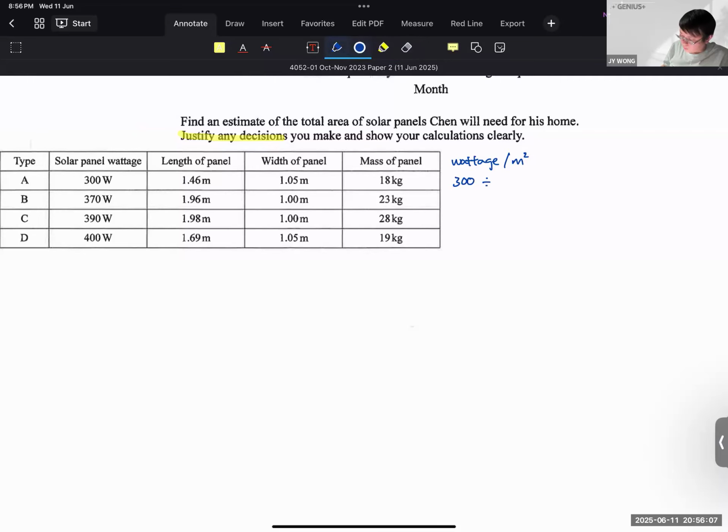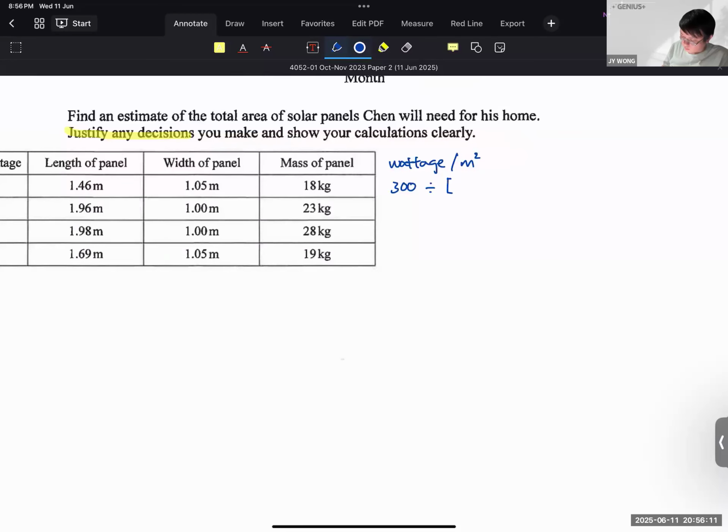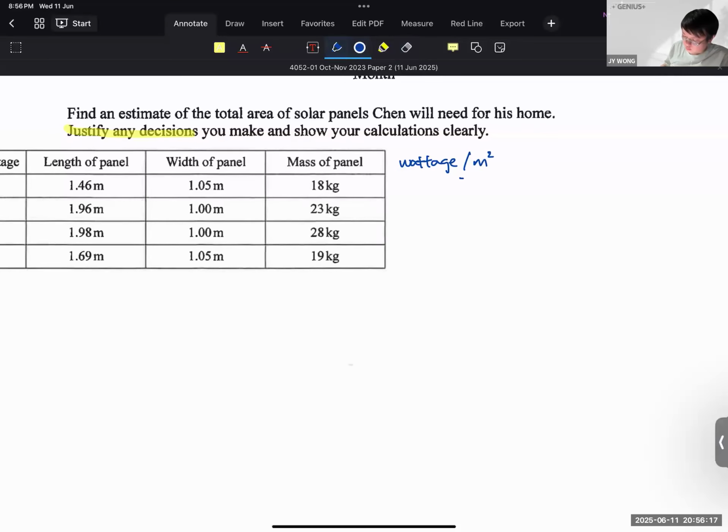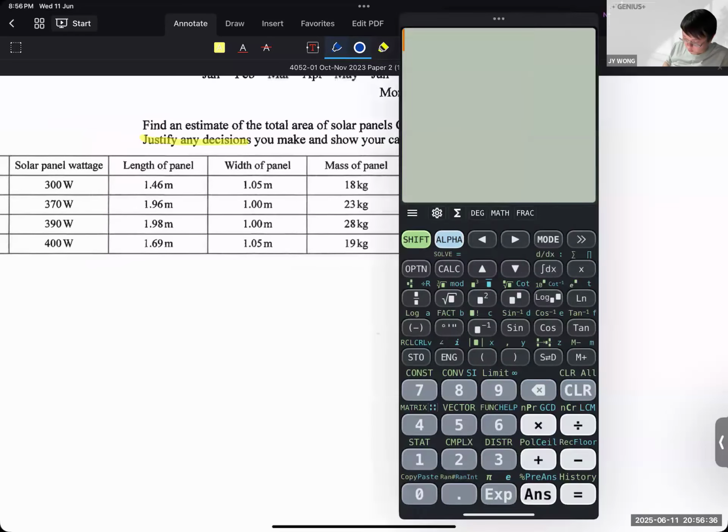So it's 300 divided by, you need to put it as a fraction actually, because otherwise your multiplication will be in trouble. So this is 300 over 1.46 times 1.05. Which will give me, what's my power per meter square?